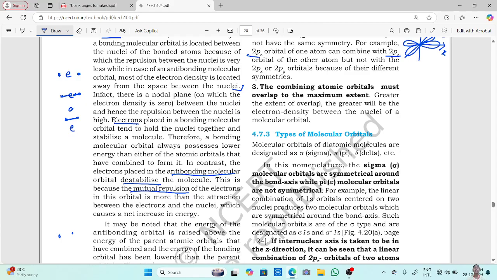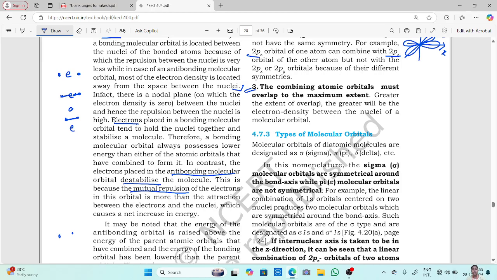orbitals. Now, next point is the combining atomic orbitals must overlap to the maximum extent. So the combining atomic orbitals, the overlapping between them should be maximum. Okay, so greater the extent of overlap, the greater will be the electron density between the nuclei of the molecular orbital.